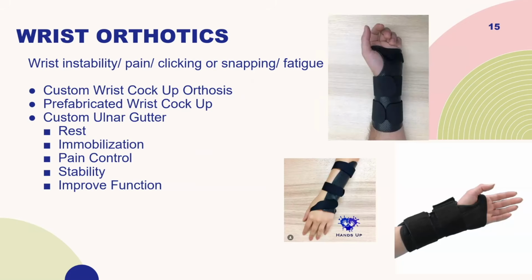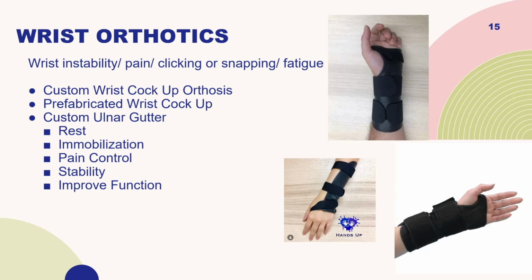Next slide. So for the wrist orthotics, there are two most common wrist splints that we make in the clinic, and that includes the wrist cock-up splint, which is in the top photograph, which is custom molded, and the ulnar gutter splint. The wrist cock-up splint provides general stability in the wrist, and the ulnar gutter, it's custom fabricated and provides support ulnarly on the wrist.